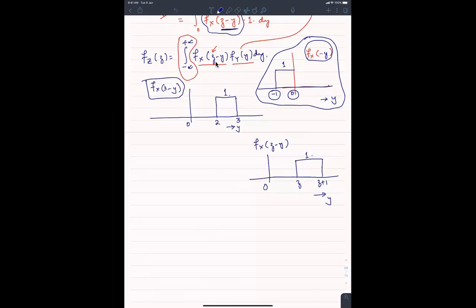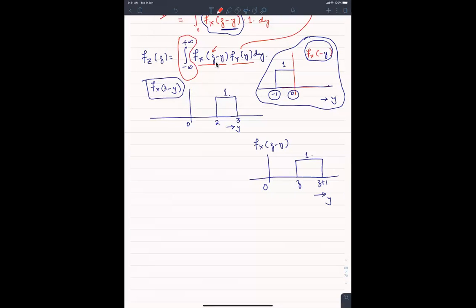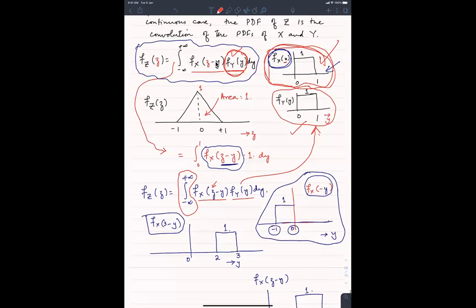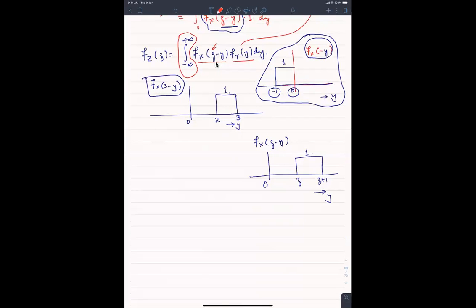So all we needed to do is कि हमने fx of x से स्टार्ट किया, उसको हमने फ्लिप किया तो आपके पास fx of minus x या fx of minus y मिल गया, और फिर उसके बाद उसको शिफ्ट किया, तो ये fx of z minus y मिल गया.